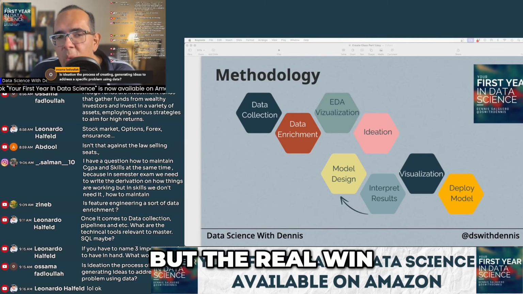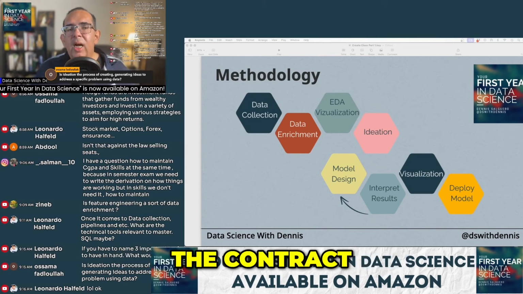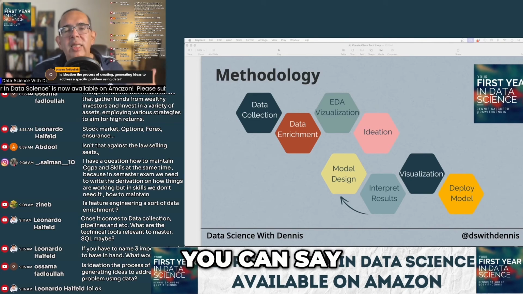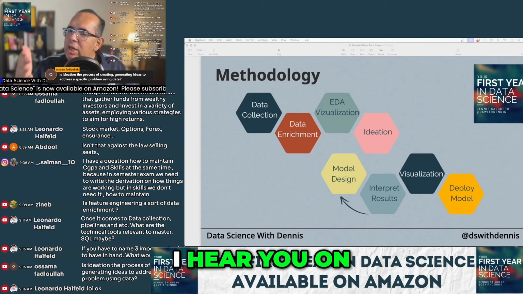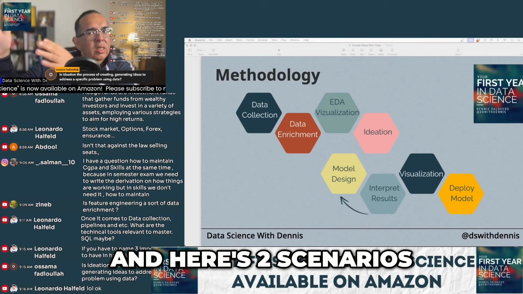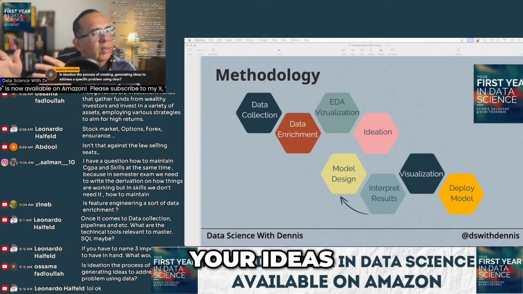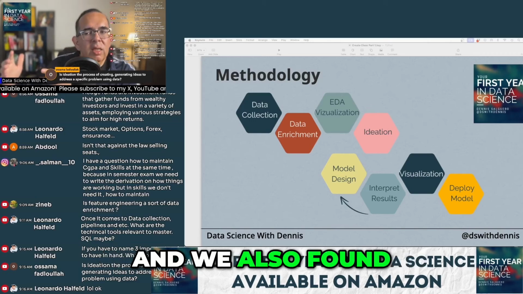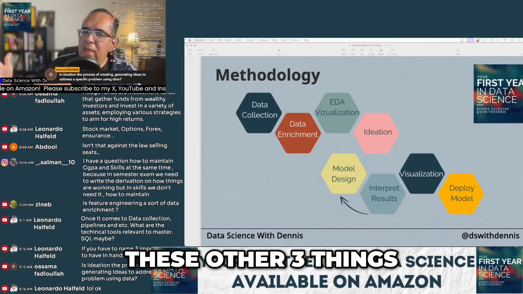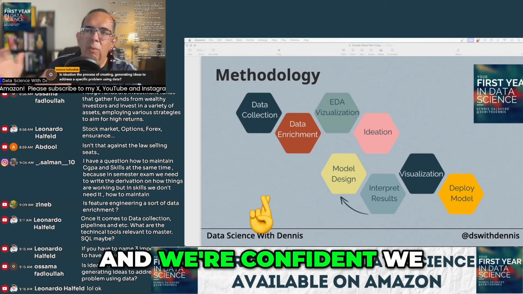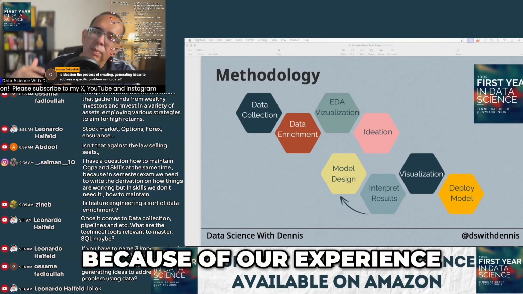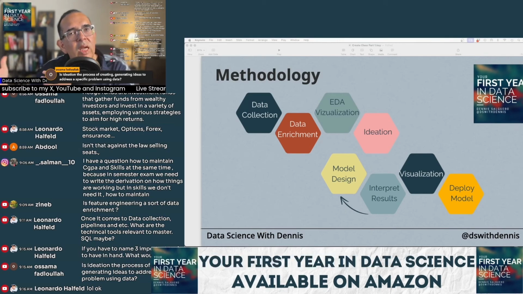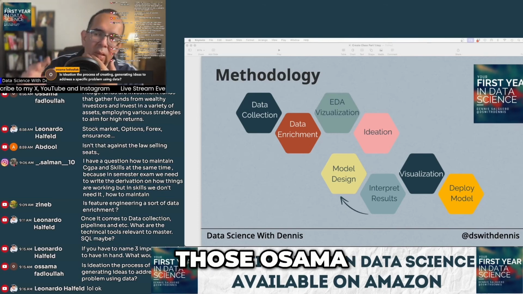But the real win, where you really win the contract, is where you can say, I hear you on your ideas, and here's 2 scenarios where we could solve your ideas. But guess what? Our team went to work, and we also found these other 3 things that we can help you solve. And we're confident we can do that, because of our experience, because of our methodology, so on and so forth, right? So it's a little bit of both of those, Osama, right?